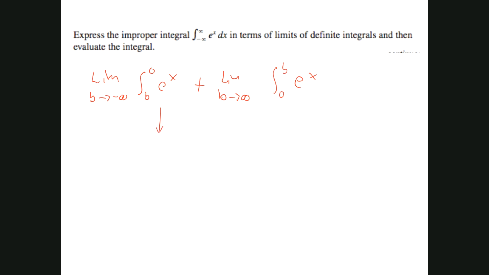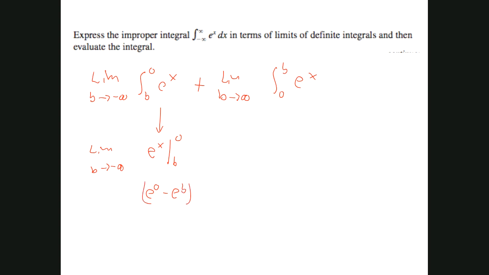So now I'm going to work on each part separately. So I take the integral of e to the x. Well, the integral of e to the x is e to the x from b to 0. And that is still the limit as b approaches negative infinity. Well, if I put 0 in there, I get e to the 0 minus e to the b.